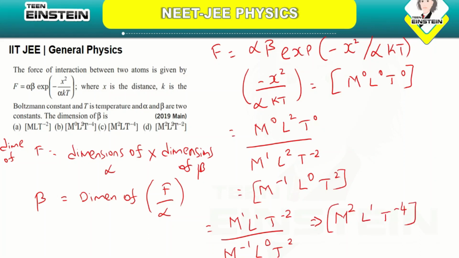Okay. So the correct answer is option number C, m square L T power minus 4. So the dimensions of beta will be m square L T power minus 4. Okay. Let us now move on to the next question.